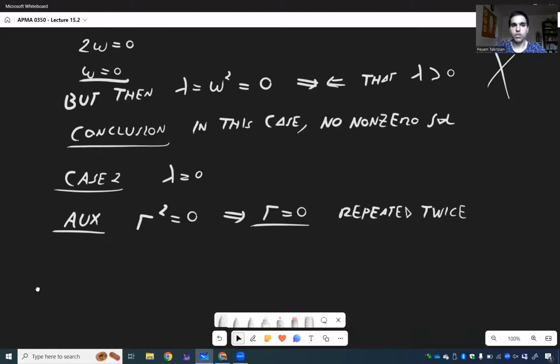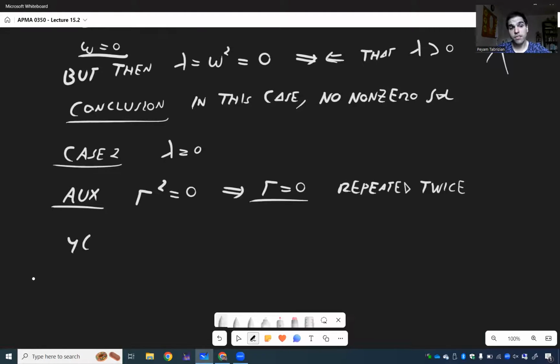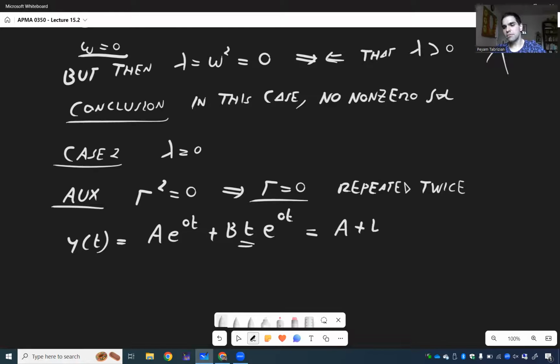And then that gives you y of t equals a e to the 0t plus, because you have a repeated root, bt e to the 0t, which is simply a plus bt.